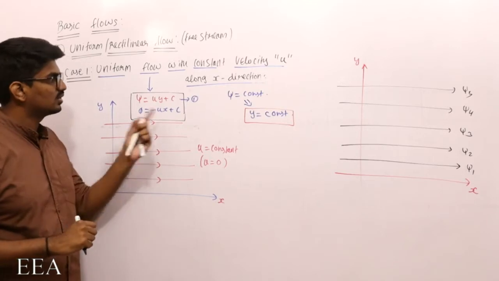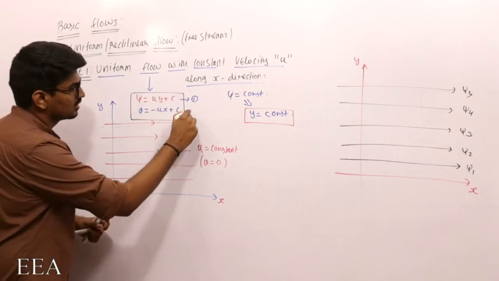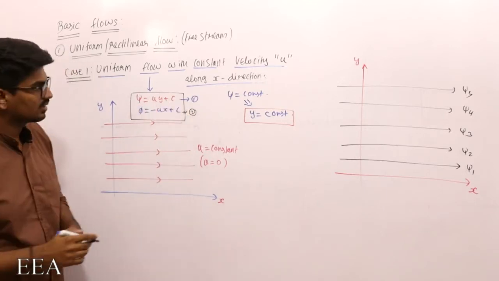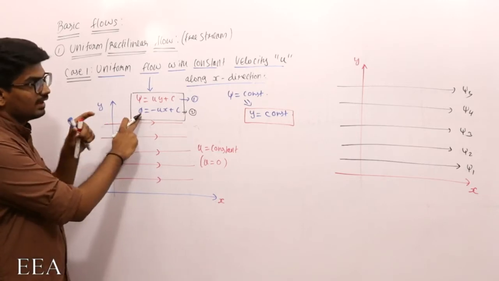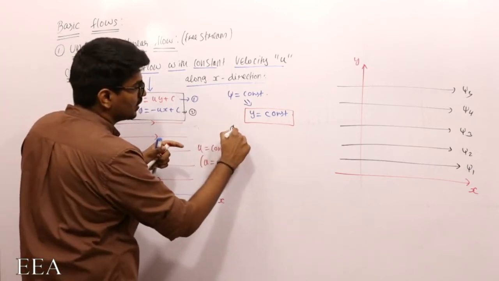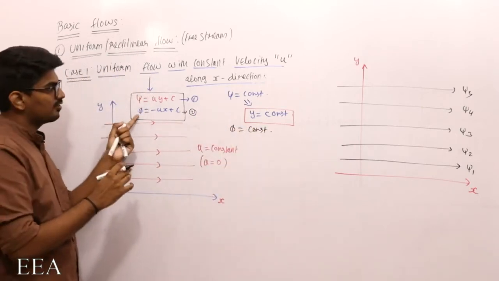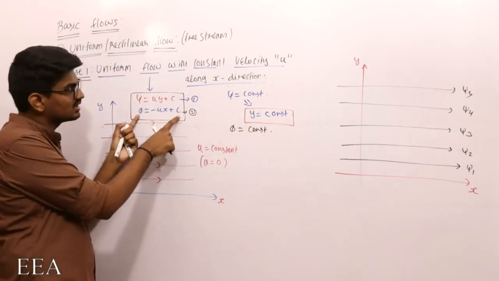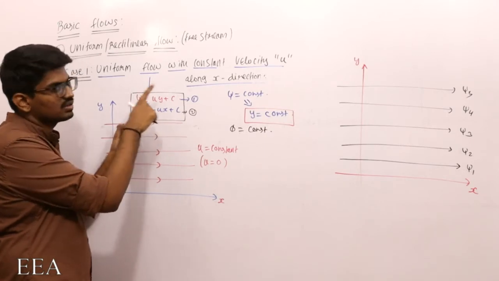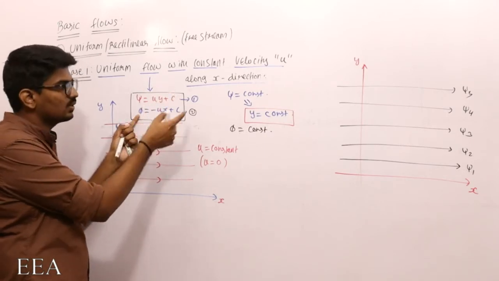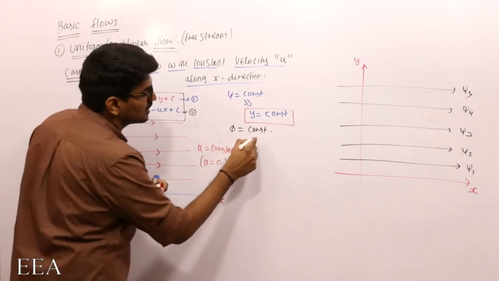Now, what about the second equation? If it is an equipotential line, equipotential line means phi is constant. If phi is constant, already one constant is there. U is also constant because it is uniform flow with a constant velocity, so x will also become constant.